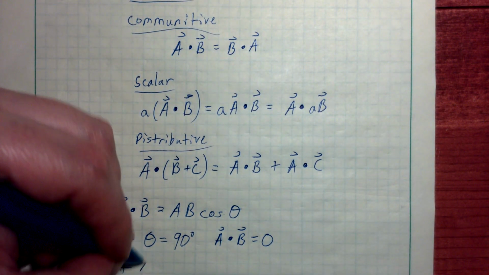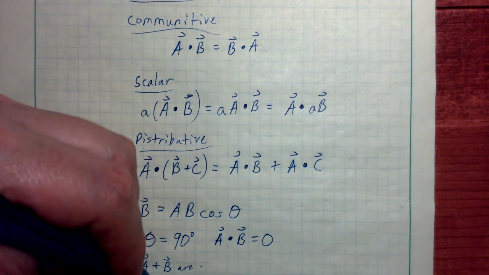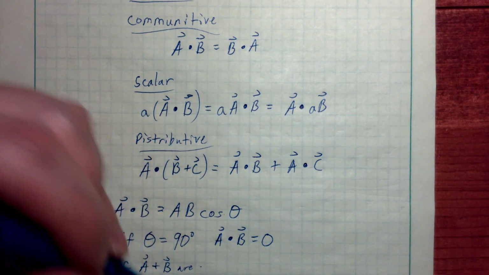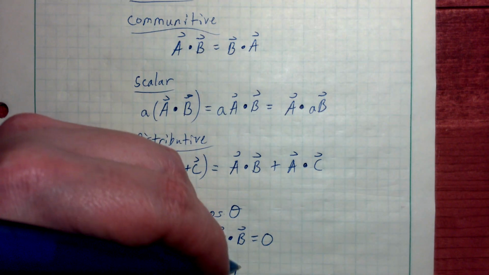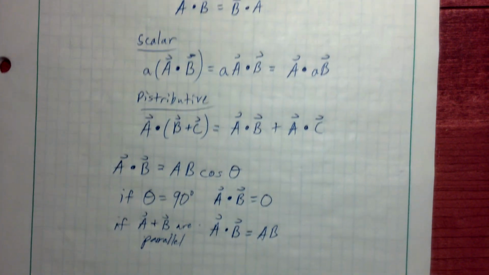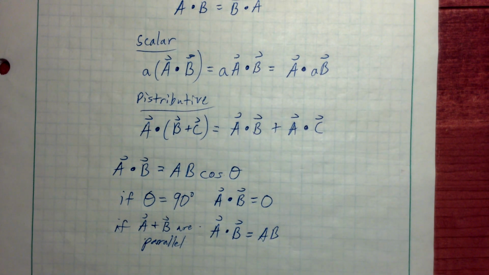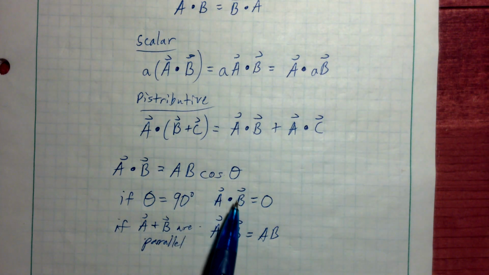If A and B are parallel, then A dot B just equals AB, because the angle between them is 0 if they're parallel. Then it's just AB.